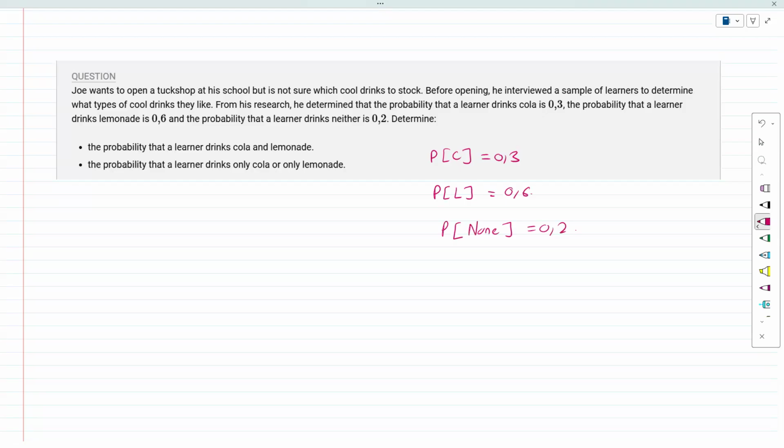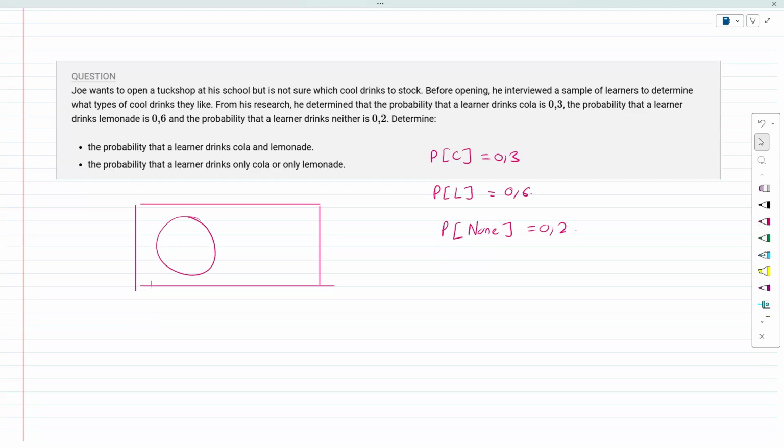Okay. Now we got a lot of information. I don't have to draw a Venn diagram, but I am going to draw one just to make it easier for me. No one said that it's mutually exclusive.